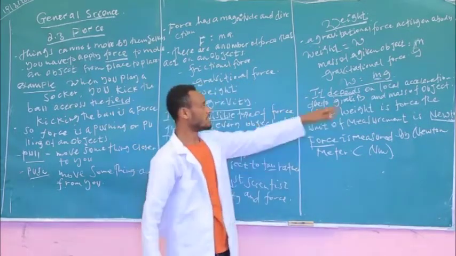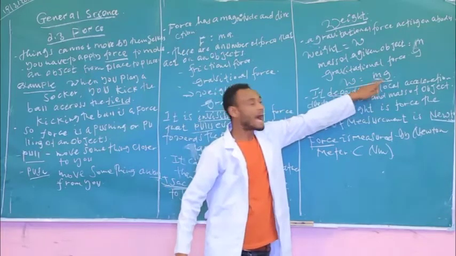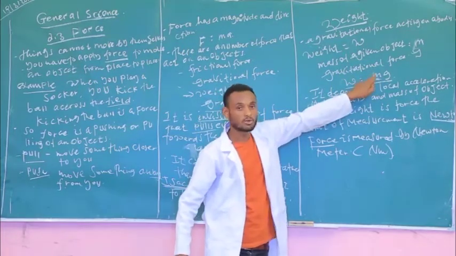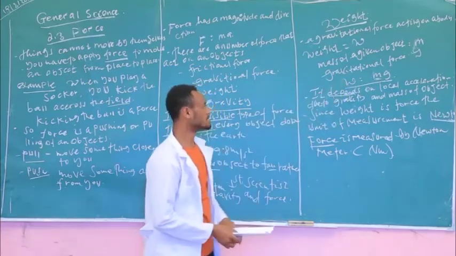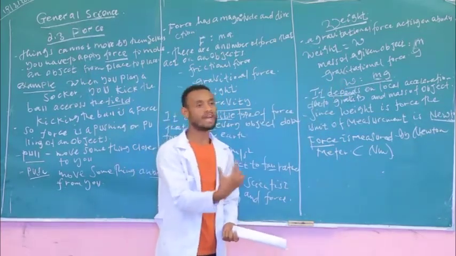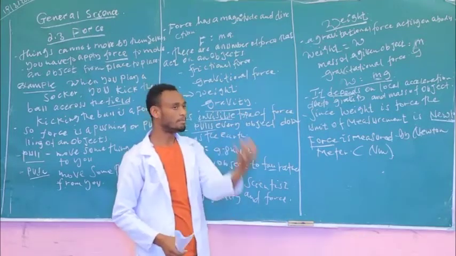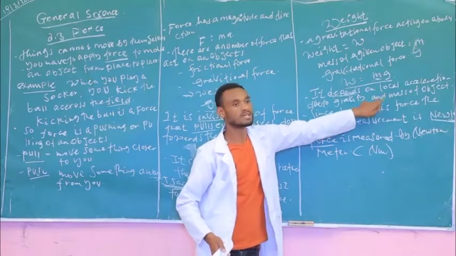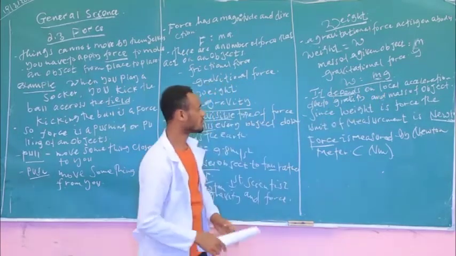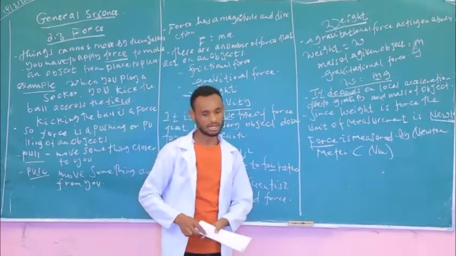Gravity acts upon a given mass of an object, and that will be the weight. So the weight of a given object depends on the local acceleration due to gravity and the mass of an object.